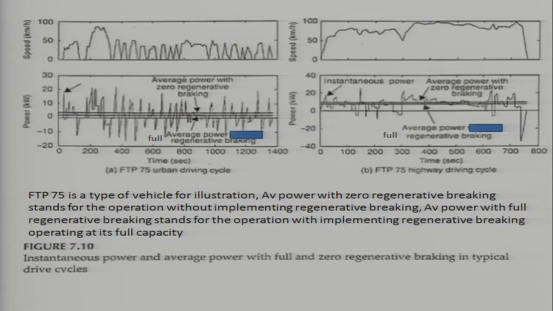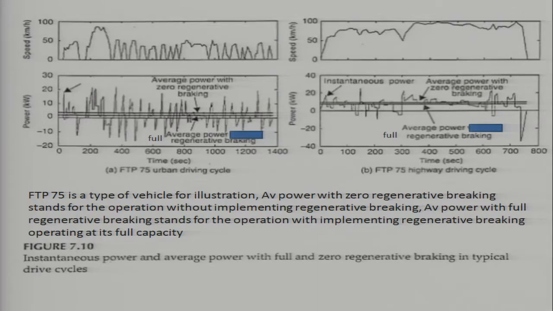In all these instantaneous curves, we are averaging out the average power and also the regenerative braking power. Accordingly, with regenerative braking, we have a lower power requirement from the engine drive, so it doesn't need to produce larger power. That is the basic idea.